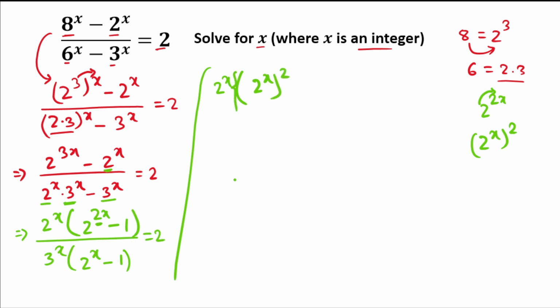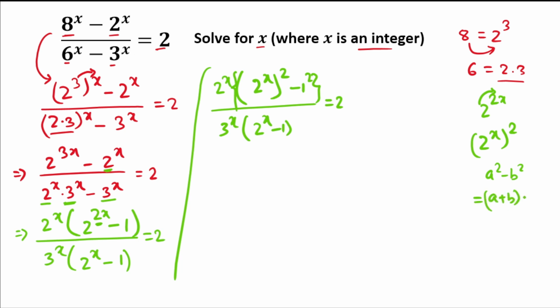Now we are left with minus 1, divided by the next term, 3 raised to the power x multiplied by 2 raised to the power x minus 1, that's equal to 2. Now 1 we can write as 1 square. Now it is in the form of a square minus b square, and we can write it as a plus b multiplied by a minus b.